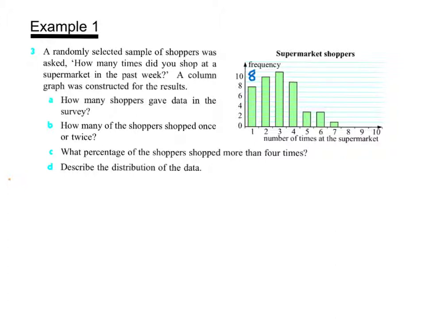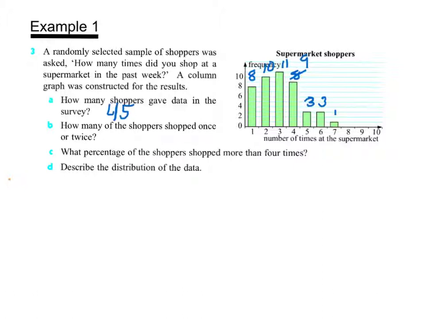We can see that 10 people shopped twice. 11 people shopped 3 times, 8 people shopped 4 times, 3 people shopped 5 and 6 times, and 1 person shopped every day of the week. So for problem A, we simply need to add these numbers together. And I apologize, this number right here is actually a 9, not an 8, and if we add those numbers together, we get 45 shoppers.